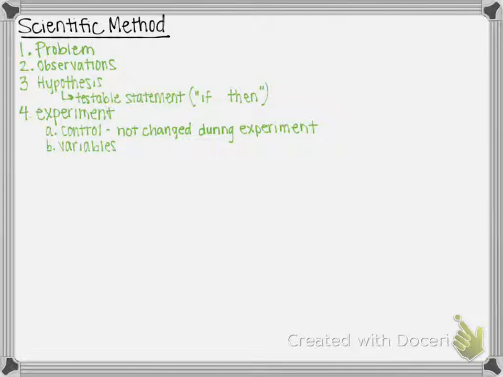The variables do change, and we know we can have two different kinds of variables, independent and dependent. So now make two little subgroups under variables. We have independent and dependent.